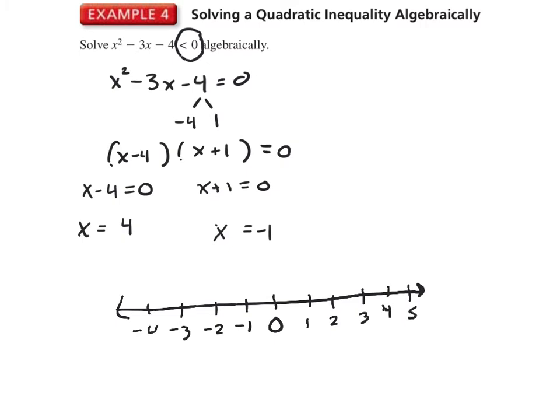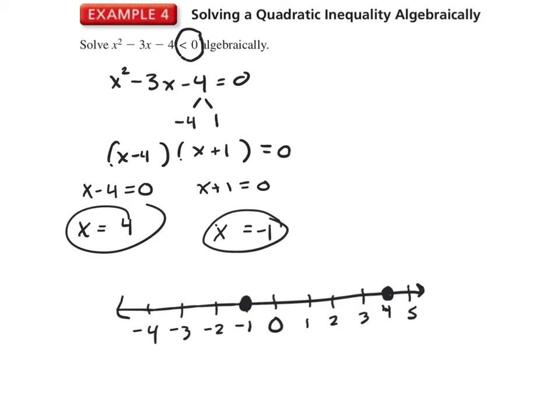So we have our number line here. We're going to put a dot at negative 1 and a dot at 4. So we just need to put a dot at both of these x's that we found.